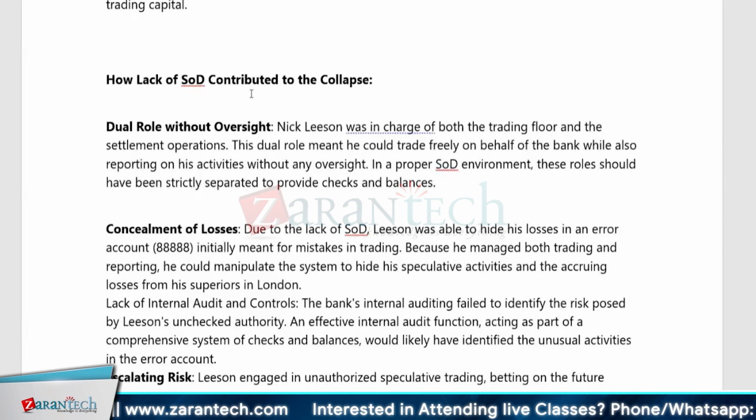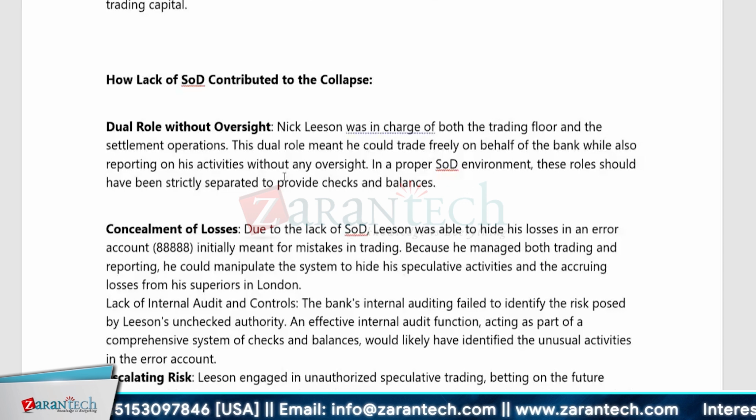Nick Leeson was the person who was playing a dual role, and there was definitely an SOD issue which was overlooked. Nick Leeson was in charge of both the trading floor and the settlement operations. What did that dual role mean? It meant that he could trade freely on behalf of the bank while also reporting his own activities without any oversight.